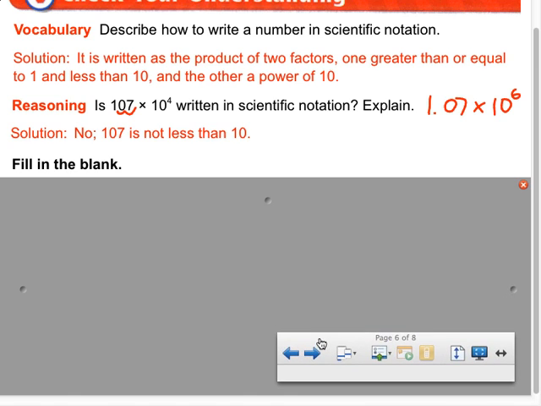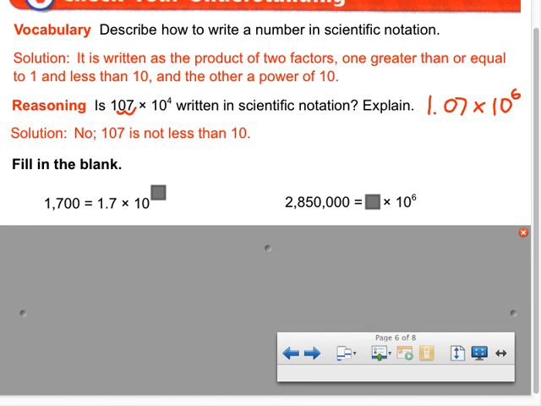Now, how about this? Fill in the blank. Can somebody tell me what the exponent of that number is going to be? Who haven't I heard from today? Jonathan. Jonathan, what's my exponent going to be? Well, don't look at this. We're trying to make this equal to this.